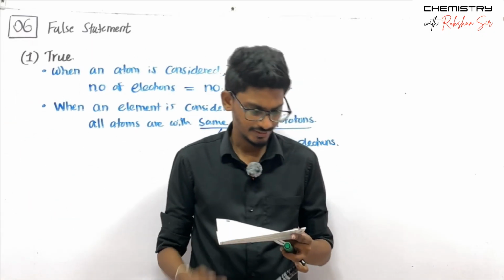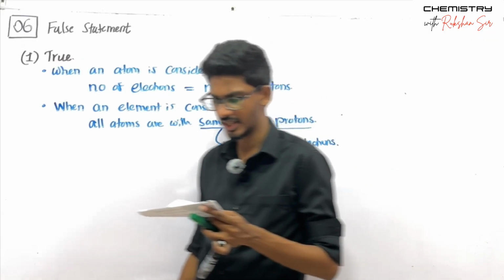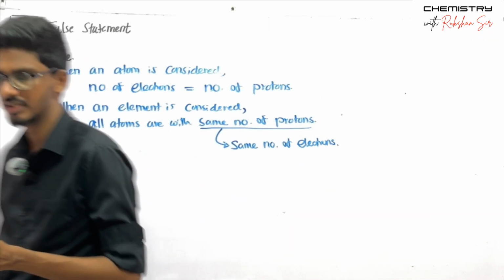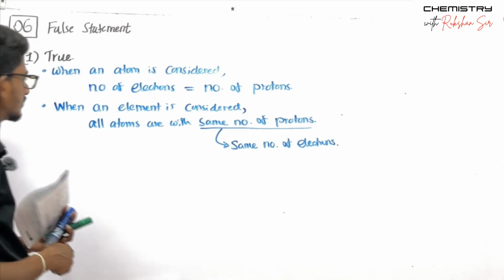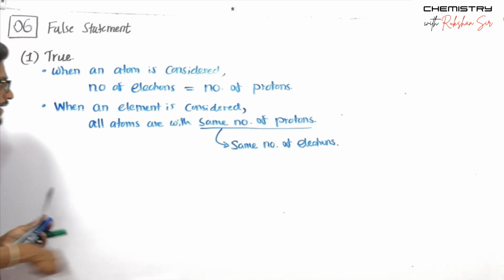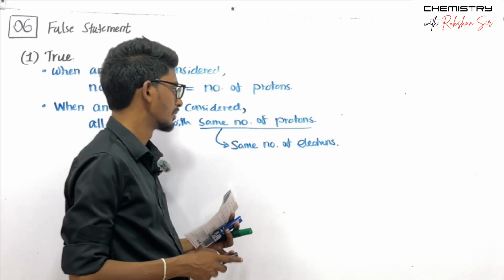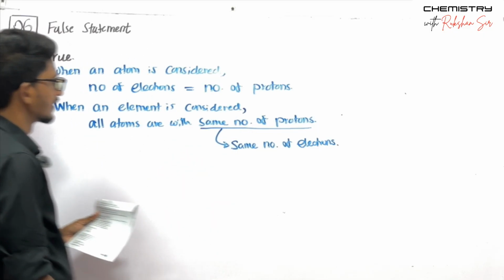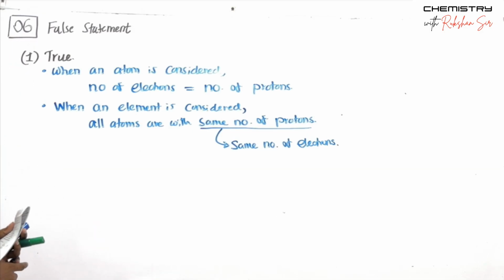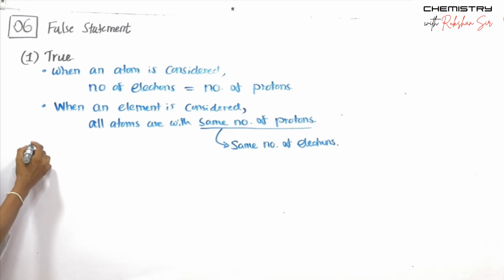The statement says every atom in an element has an equal number of electrons, so the statement is true. Clear? When an element is considered, all atoms have the same number of electrons, as the number of electrons is equal to the number of protons in an atom.